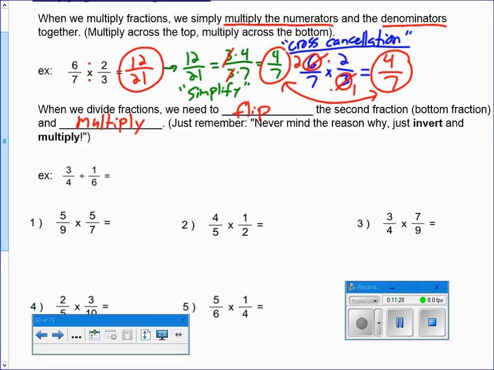Flipping is also called the reciprocal of a number. It's also called the multiplicative inverse, which means if we multiply them together, it will multiply to 1.